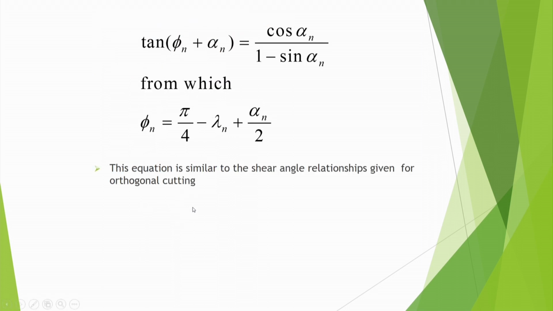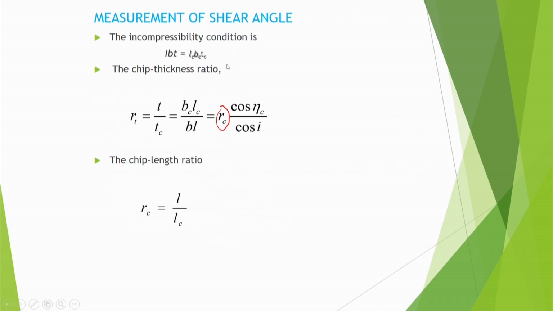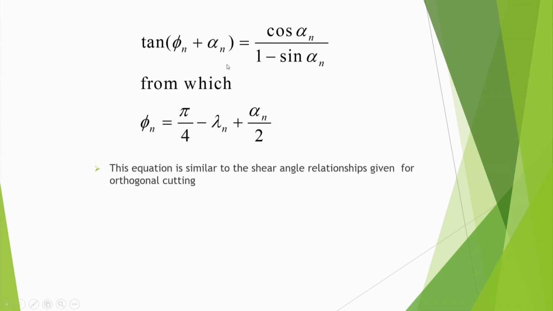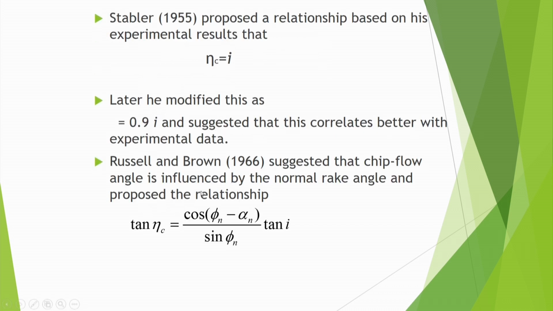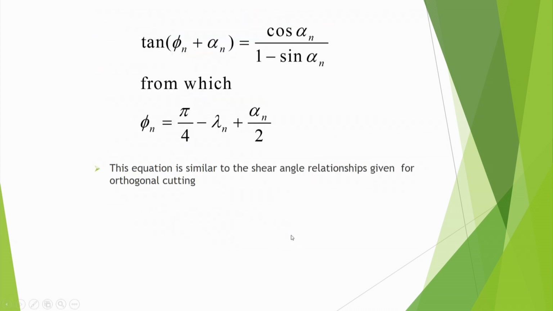And if we assume that eta C, the chip flow angle, is the same as the inclination angle, then we get this type of relation from the previous relation. Suppose tan eta C is equal to tan I, then we get tan phi n plus L phi n is equal to cos L phi n divided by 1 minus sin L phi n. From which we get phi n equal to pi by 4 minus lambda n plus L phi n by 2.